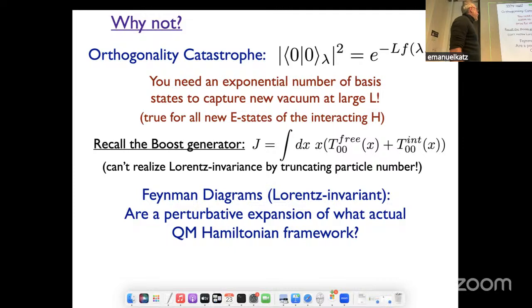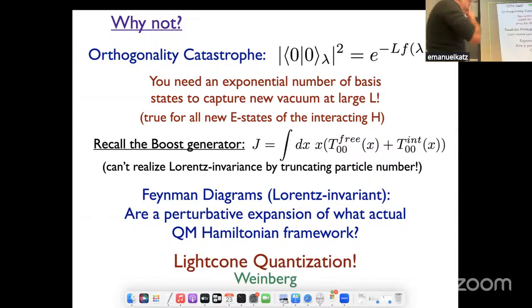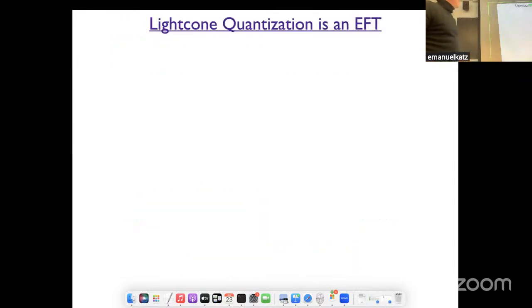So you can ask, are Feynman diagrams really the perturbative expansion of some other Hamiltonian framework? Not the standard one. Weinberg answered this question back in the 60s, and he discovered something called light-cone quantization. This is what I want to explain next in a more modern language.